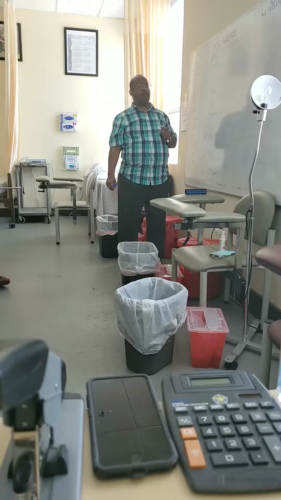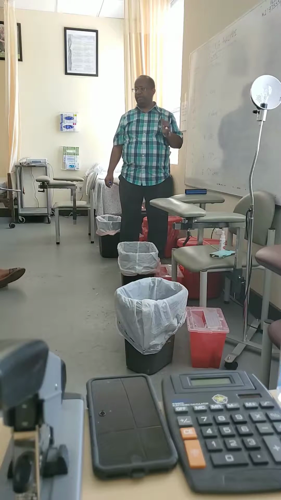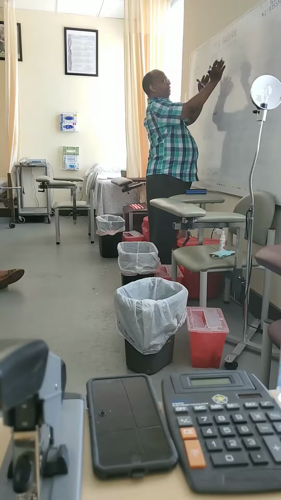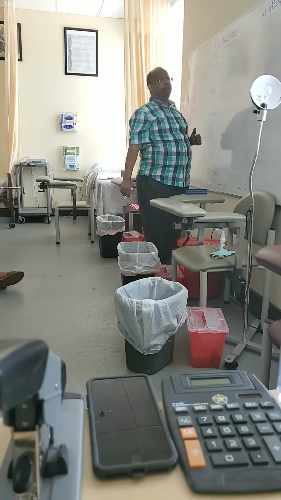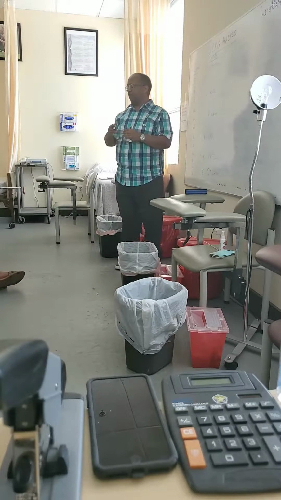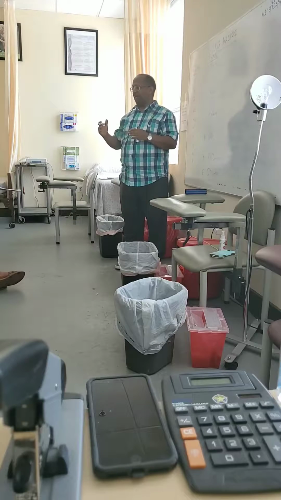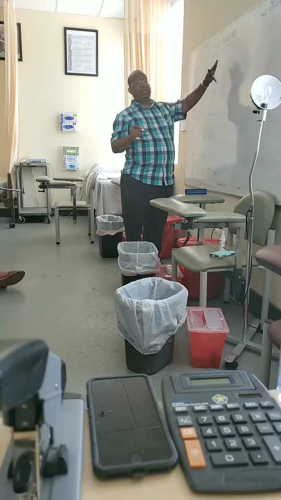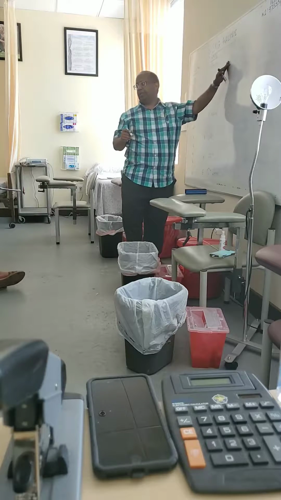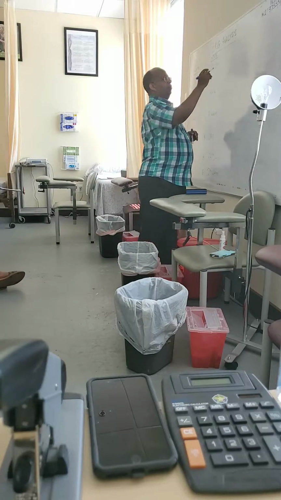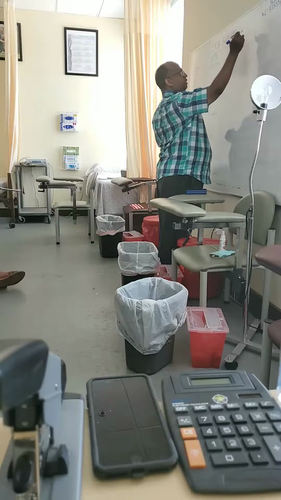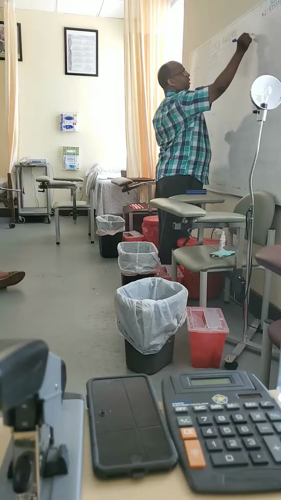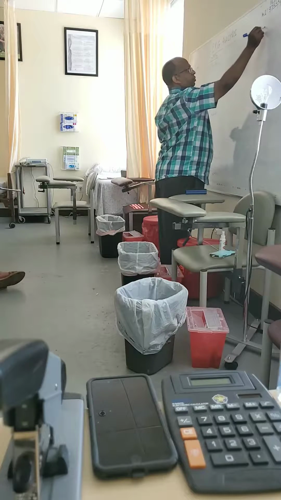Now let's go to the rhythm. What do you mean by rhythm? Rhythm means the interval or the pacing or the spacing, how the waves are coming. So first, when you see an EKG strip, what do you need to see? You need to see three most important things on your strip.